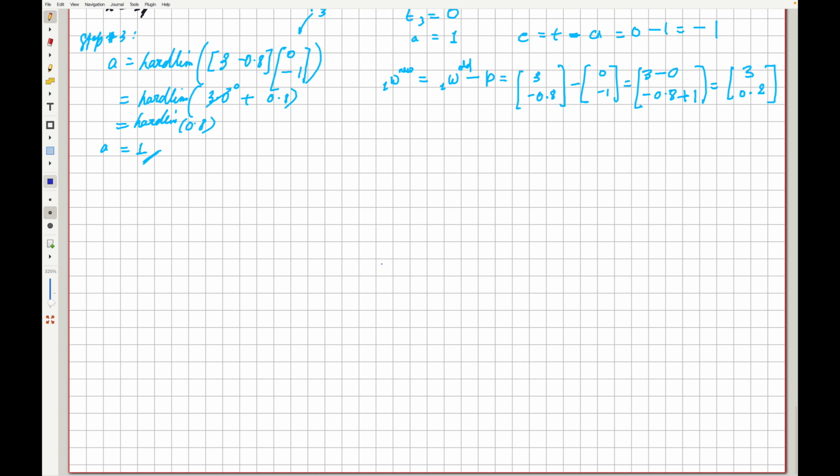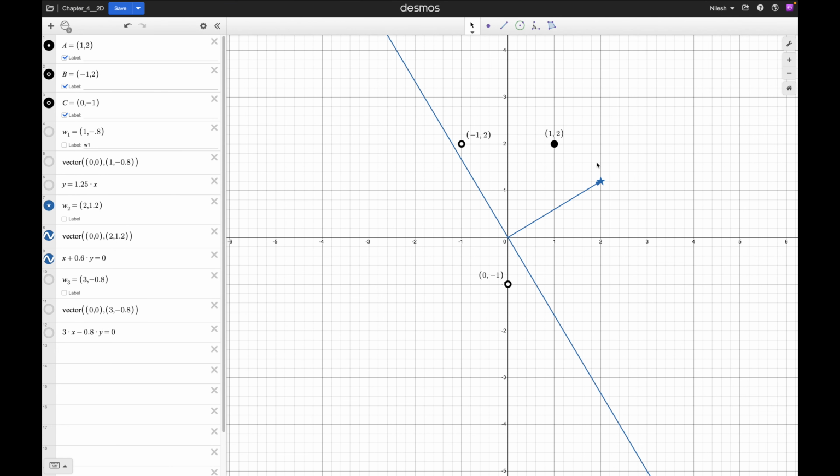So we are in step number 4, and in step number 4 we calculate the value of A is equal to hardlim, and here we have 3, 0.2, and then we have the value for P, and this time the value for P that we use would be something different than what we have used before. So let's try and look at this.